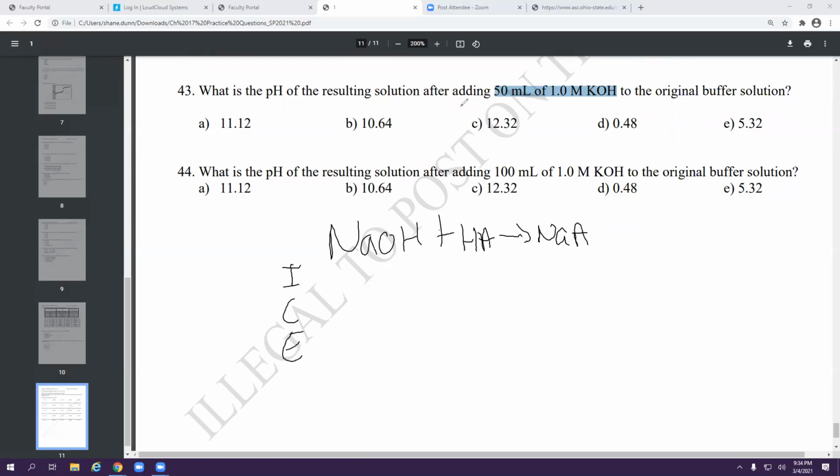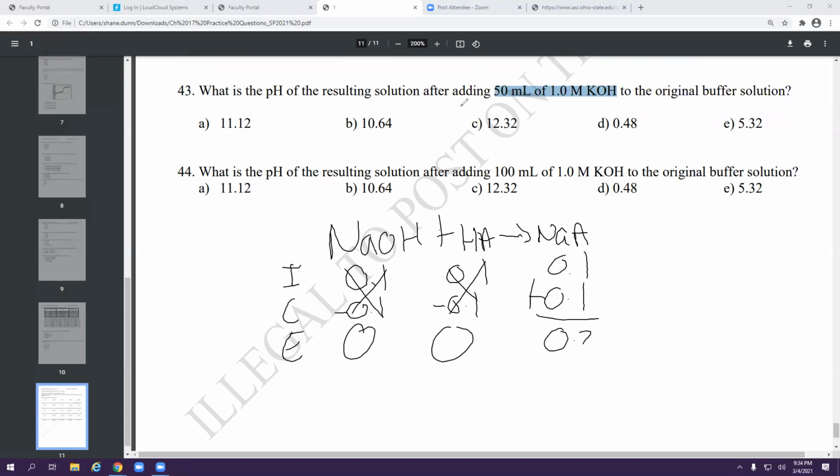Ice table: 0.1, 0.1, 0.1, minus 0.1, minus 0.1, cancel, 0, 0, plus 0.1, 0.2 moles divided by the total volume, which will give you 1 concentration.